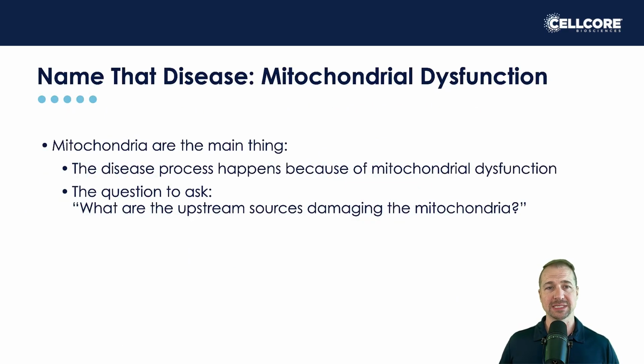The disease process happens because of mitochondrial dysfunction. So the question that I believe is so important to ask, what are the upstream sources damaging the mitochondria? And that's what we want to figure out and we want to remove. Because if we remove the sources that are damaging the mitochondria, function can increase and health is going to increase.